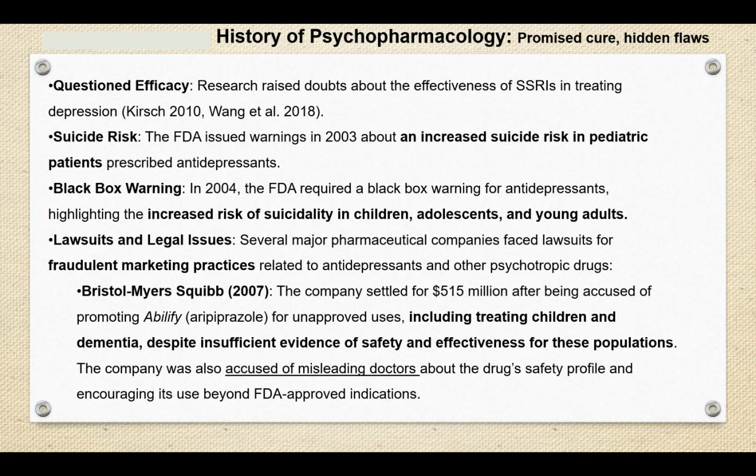You need to understand that in 2004 there was a black box warning placed on antidepressants because of the increased risk of suicidality in children, adolescents, and young adults. And I would like for you to read about different lawsuits and legal issues that pharmaceutical companies have faced, because I think it's very important for you to be aware of these issues, particularly related to false marketing.